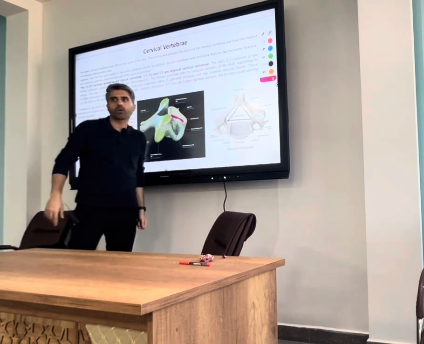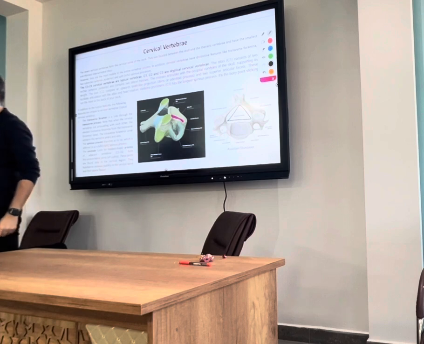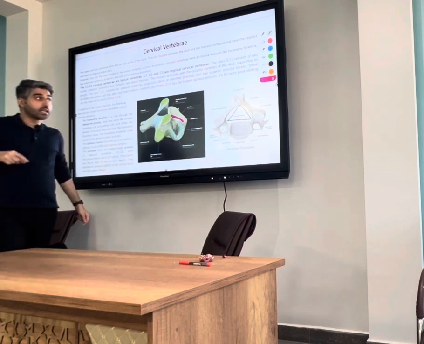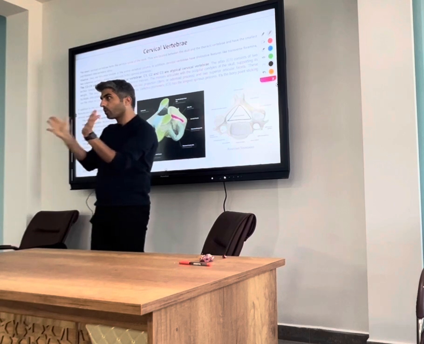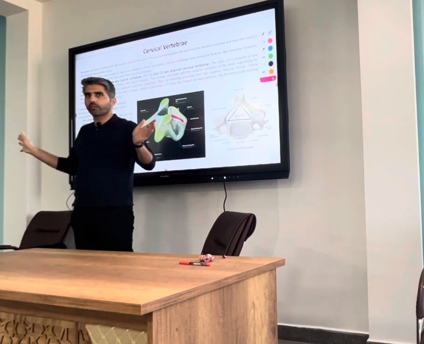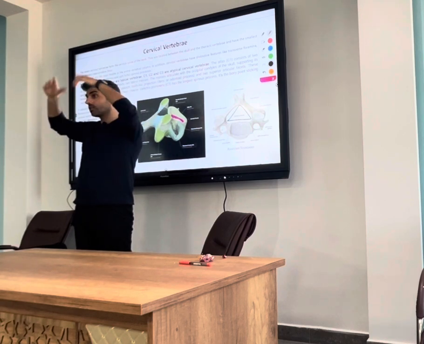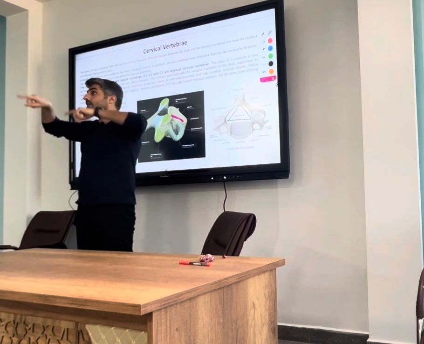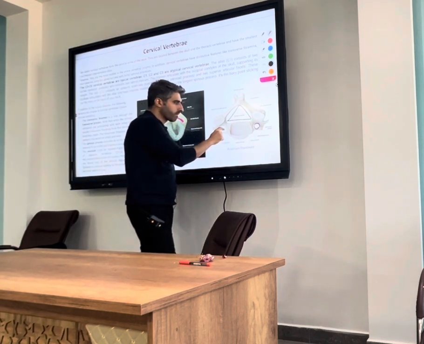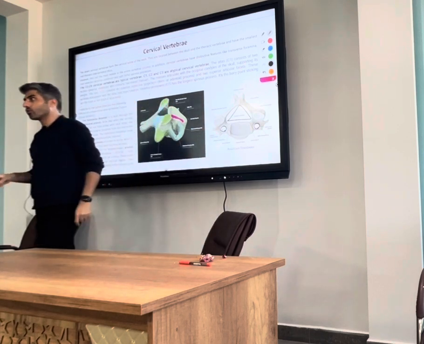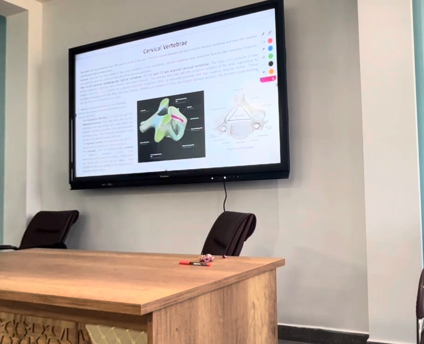It also has a foramen in the transverse process. Normally we don't have a foramen in the transverse process, but in the cervical region, C1 to C7, they have a transverse foramen, right and left.